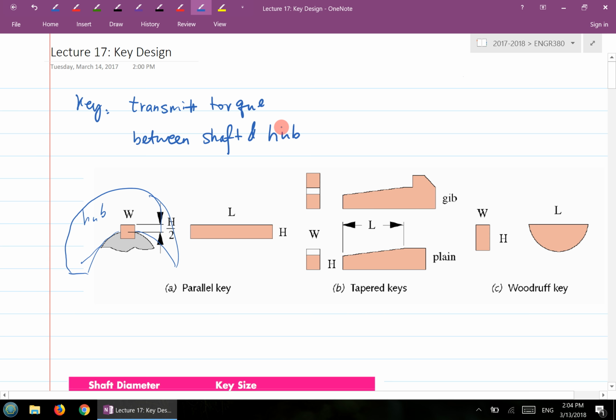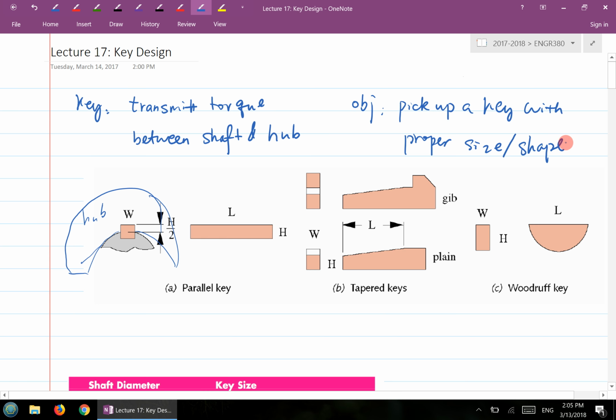There are three different keys we're going to look at. One is the so-called parallel key, then taper keys, and Woodruff keys. The objective for us is to pick a key with proper size and shape.